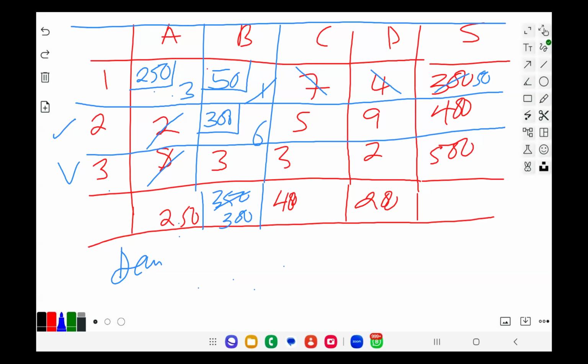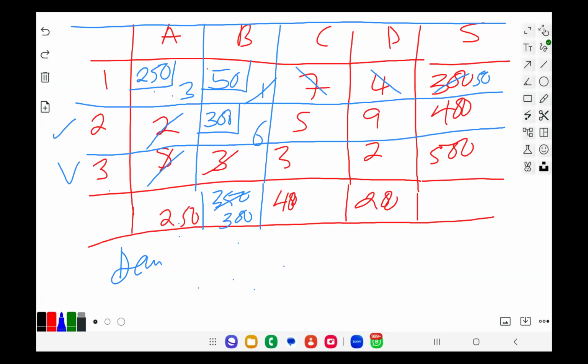And the 300, B demanded the 300, right? That's what had remained. And we have also supplied the entire 300. What are we going to do? We will cancel this one. The entire column is done. You get it, eh?